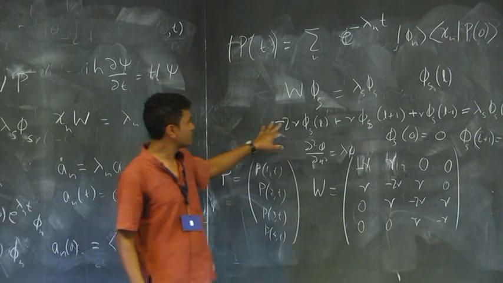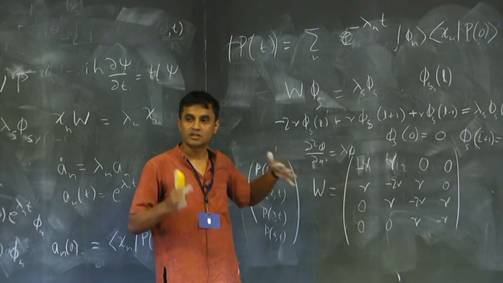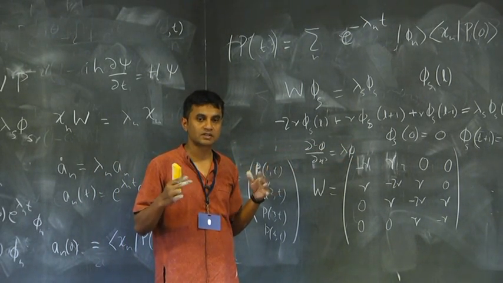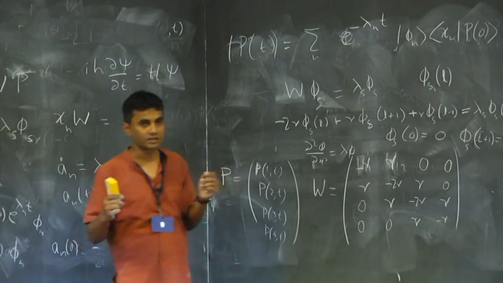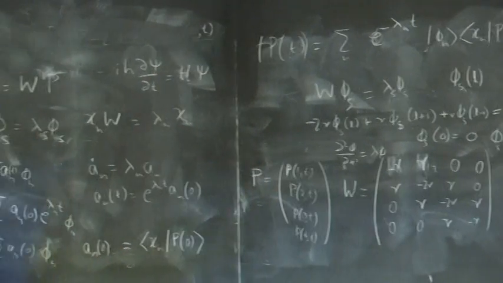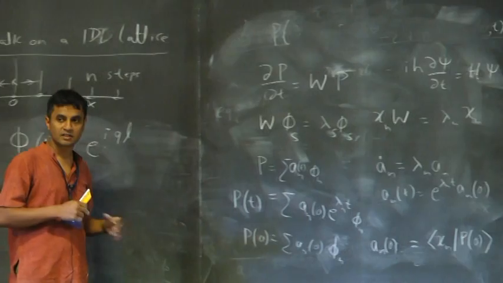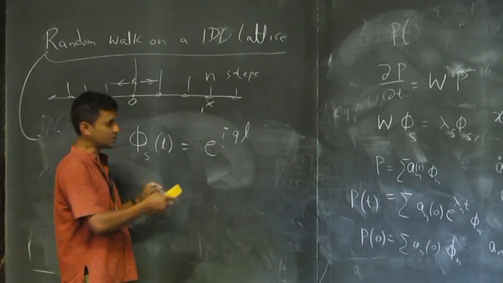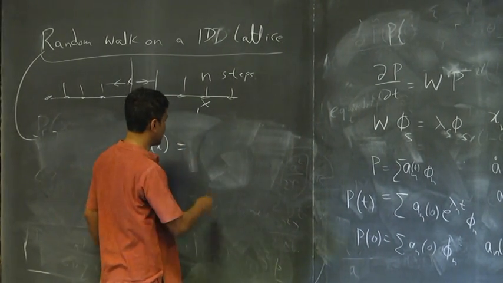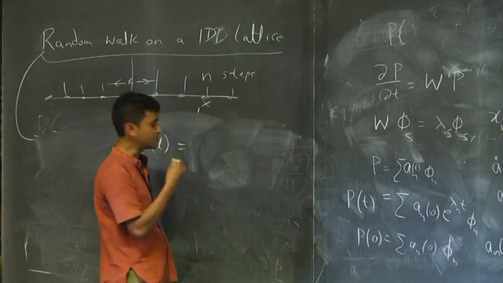So you have to solve this equation with these boundary conditions, which is like solving a particle in a box with vanishing boundary conditions. In the continuum version you know sin qx, and in this case also the correct solution is, I will just write the solution, you should verify all of this.